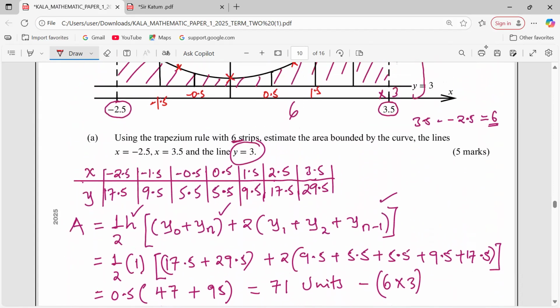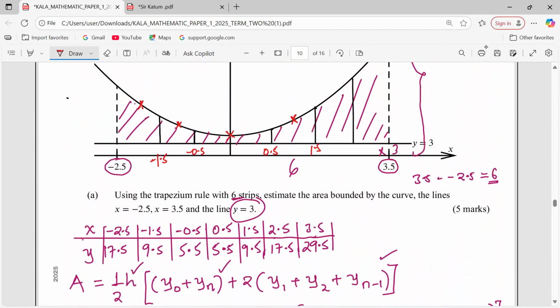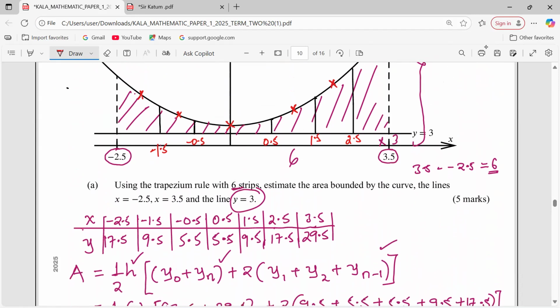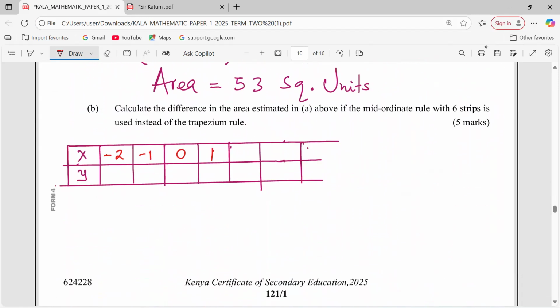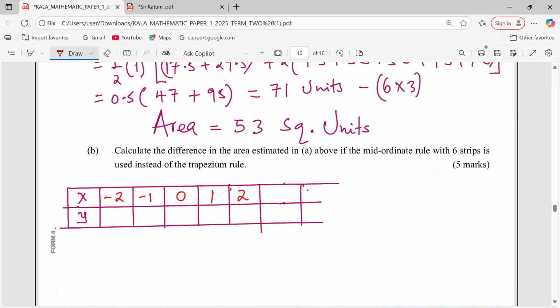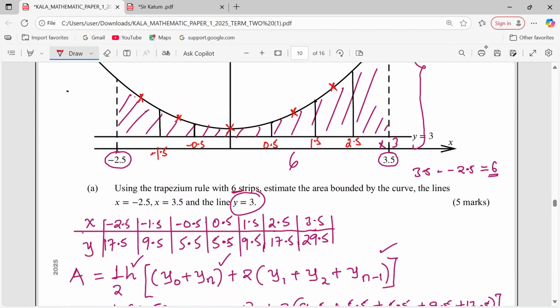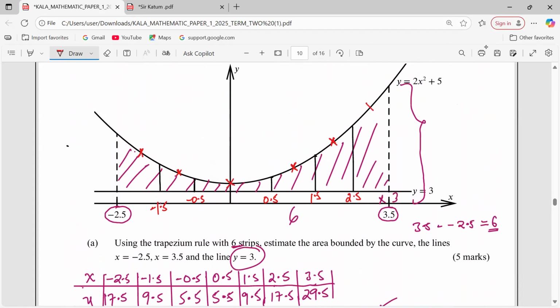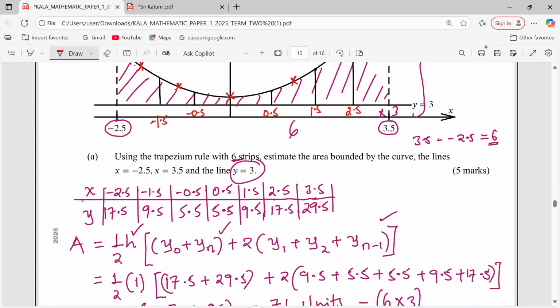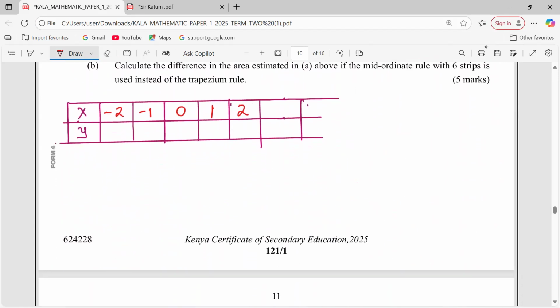The next, we consider 1.5 and 2.5, where at the mid we need the height at x equals exactly 2. And finally, from 2.5 to 3.5, the height at the middle is the height when x is exactly 3.